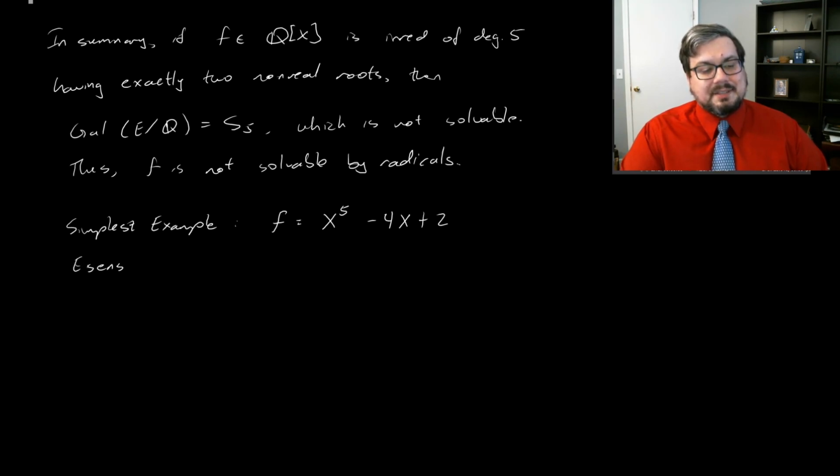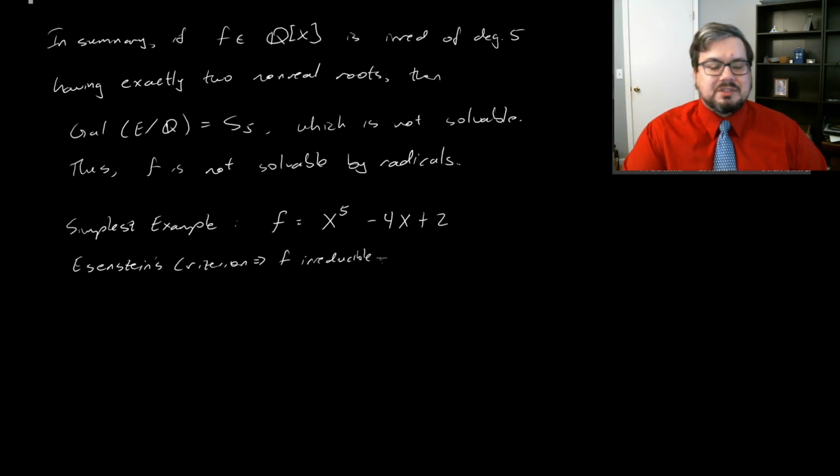This is irreducible by Eisenstein's criterion, because all of the coefficients after the first are divisible by 2, and the constant term is not divisible by 2 squared.